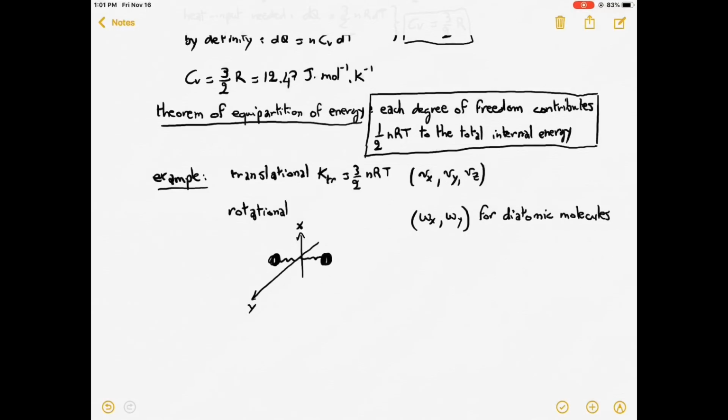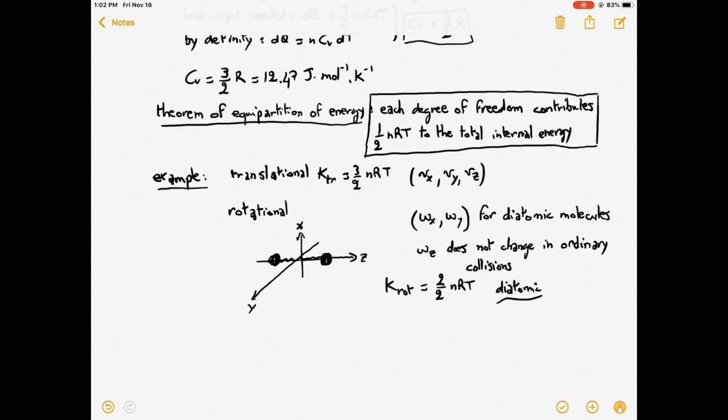One question is why we don't have an additional one for rotation along the z-axis, omega z. In fact there is rotation along the z-axis, but this usually doesn't change in ordinary collisions, so there is no way to transfer this energy, and we can ignore it. So omega z does not change in ordinary collisions. We only have these 2 degrees of freedom, and so for diatomic molecules, the rotational contribution is going to be 2/2 nRT.